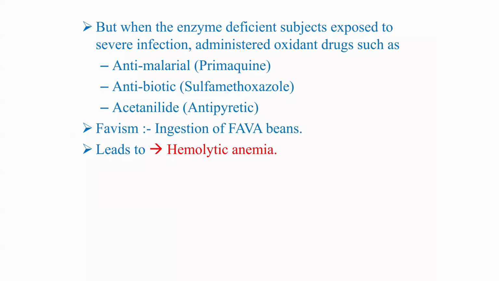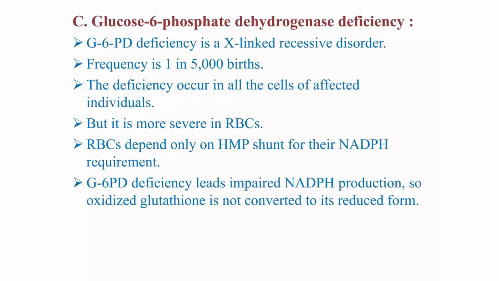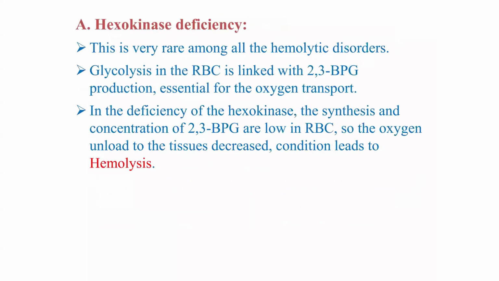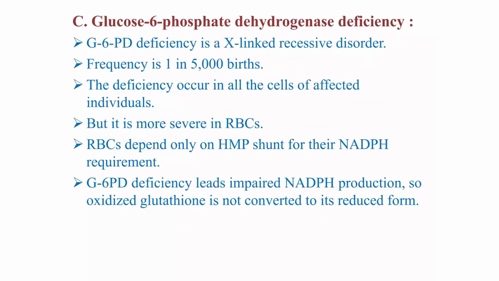And of course, there is favism, that is ingestion of fava beans, which also leads to hemolytic anemia. So these are some of the cases that cause anemia in the body. We have glucose 6-phosphate dehydrogenase deficiency, and then we have pyruvate kinase deficiency, and then hexokinase deficiency.